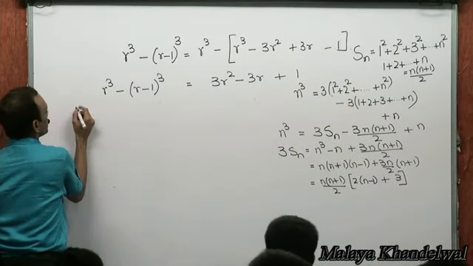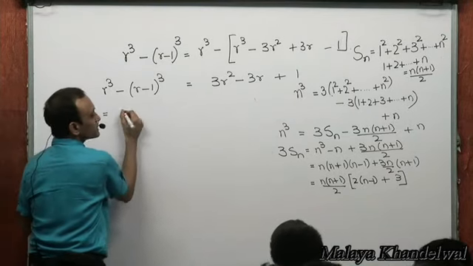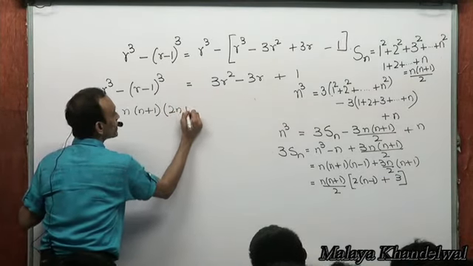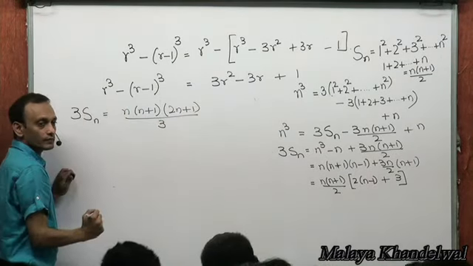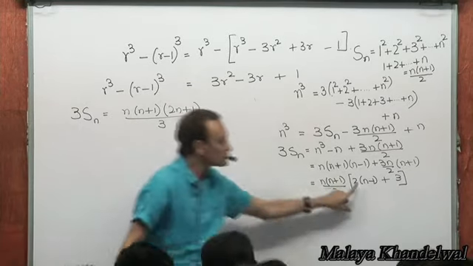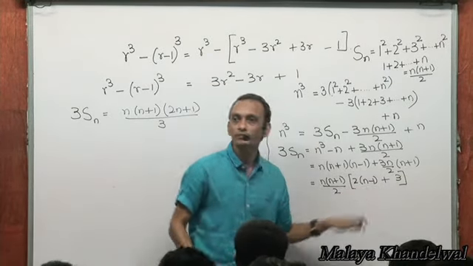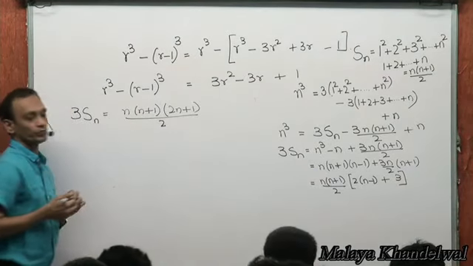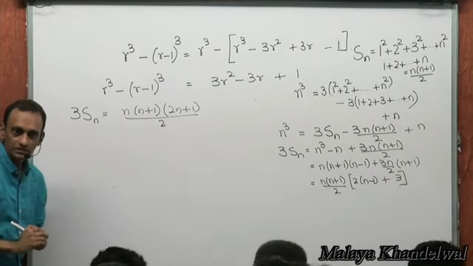3 times Sn, 3 times the sum of the squares of the first n natural numbers, equals n into n plus 1 into 2n plus 1 by 2. See? This would be 2n minus 2 plus 3, which is 2n plus 1.